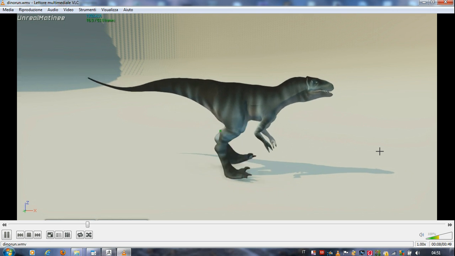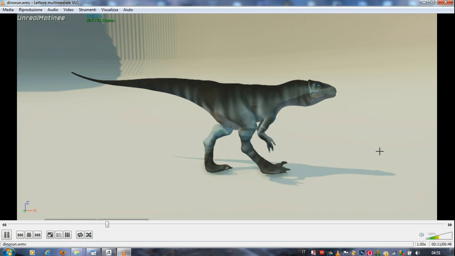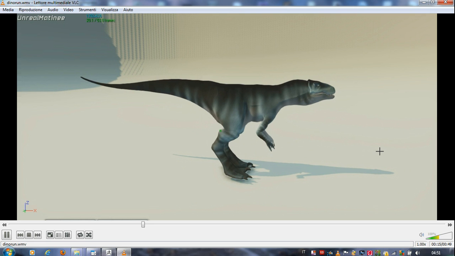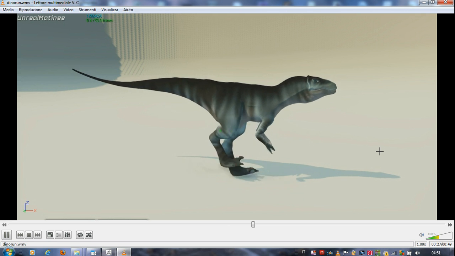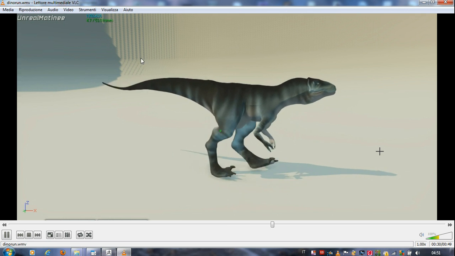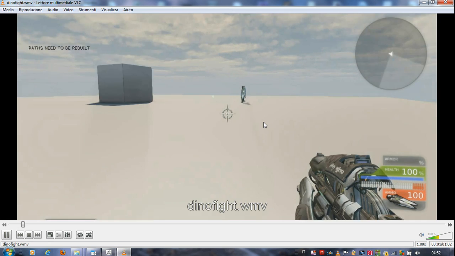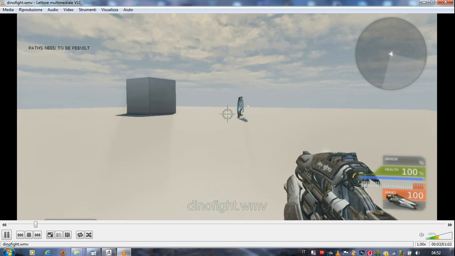So this is the walking animation, and then the idle animation. The second video shows the dinosaur playing in Unreal.